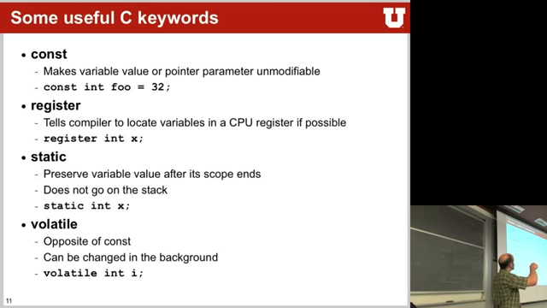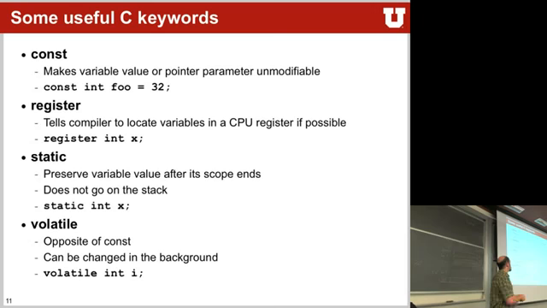Oftentimes, these variables will be put into flash memory, so they don't need to sit in your RAM, which is more valuable than your flash. Registers: you can tell the compiler to really try to keep a variable in a register. I have rarely seen it, but sometimes it makes sense if you want to optimize certain code. If you know that you will access this variable a lot, you can keep it in a register so it doesn't have to load and store it all the time from RAM.